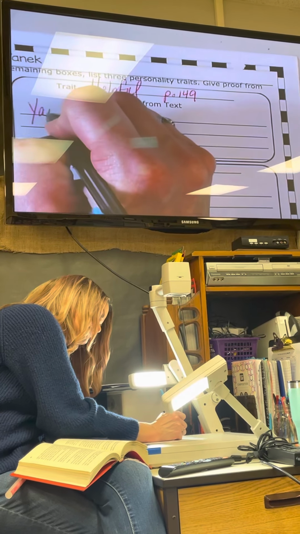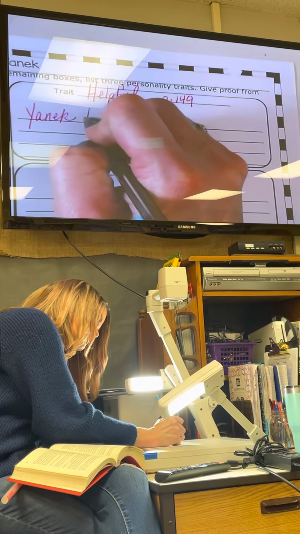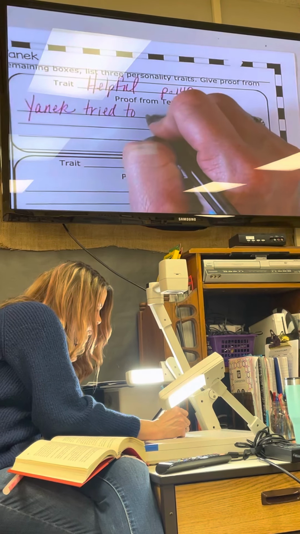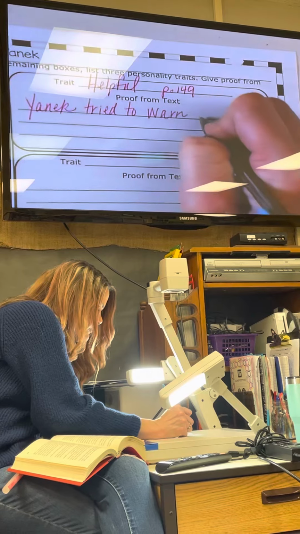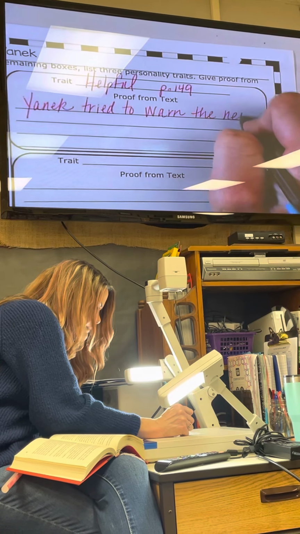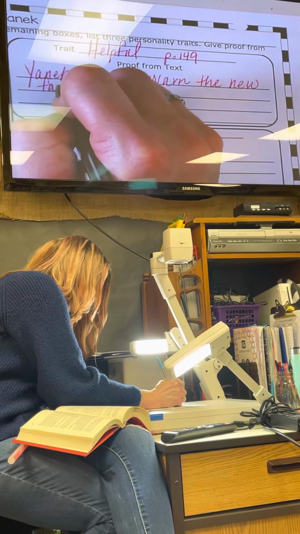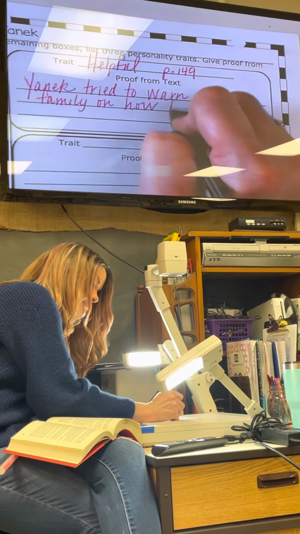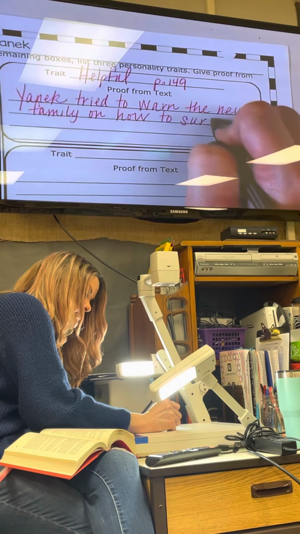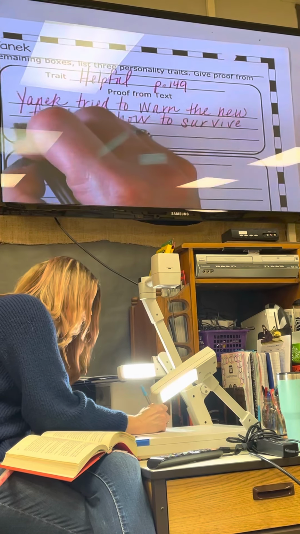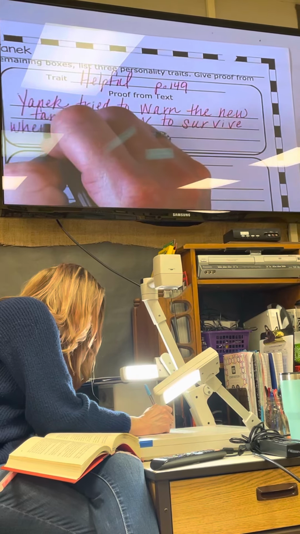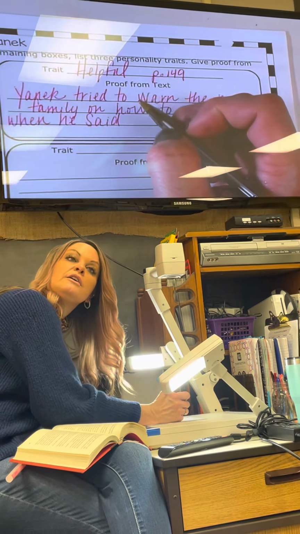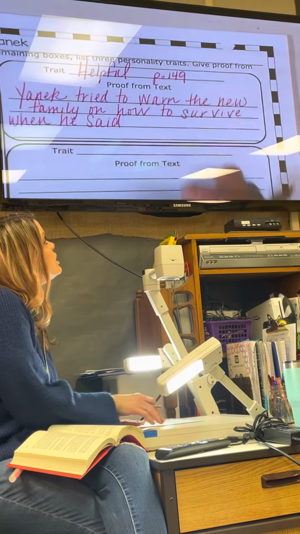Yannick tried to warn the new family on how to survive when he said, and I'm going to use quotations because I'm taking it directly from the text.